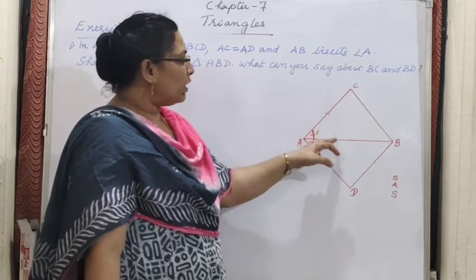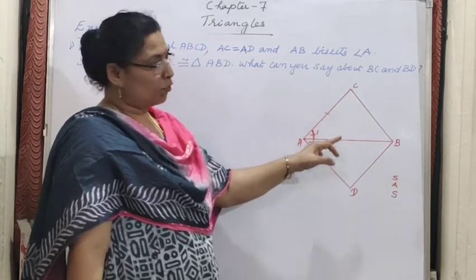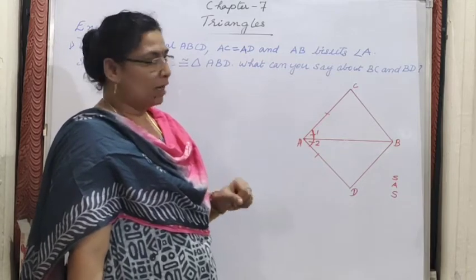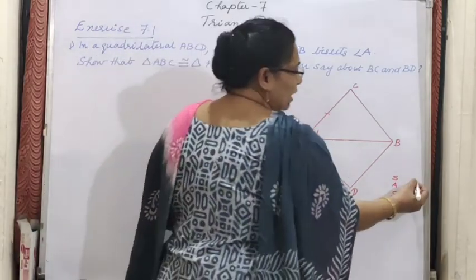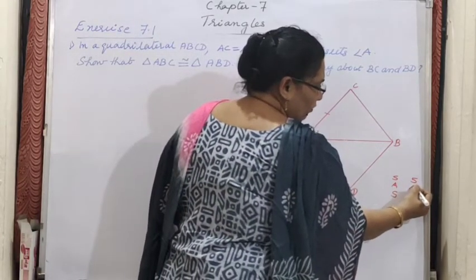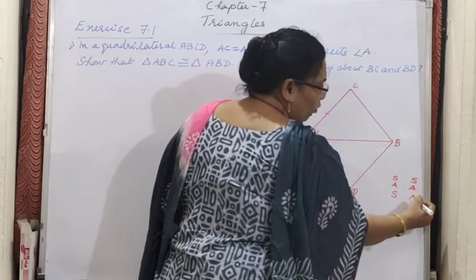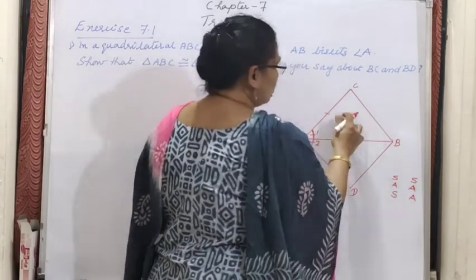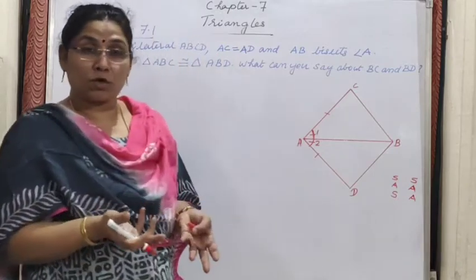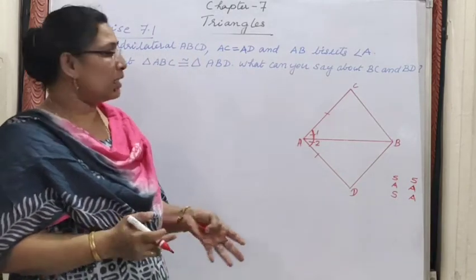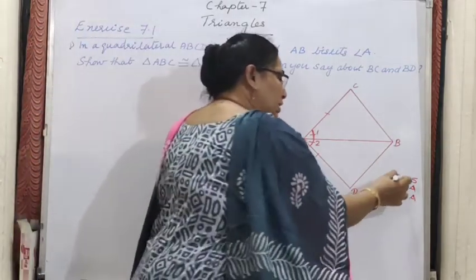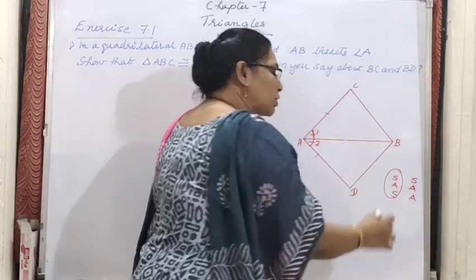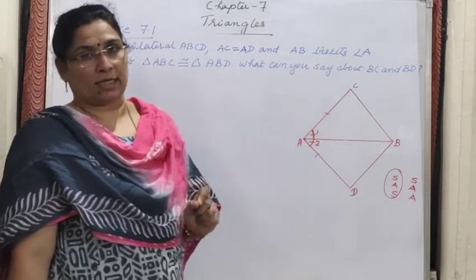So we need this as the second side for proving SAS criteria. There is no chance of getting another angle because the measurement is not given. So the possibility is there for getting SAS criteria.